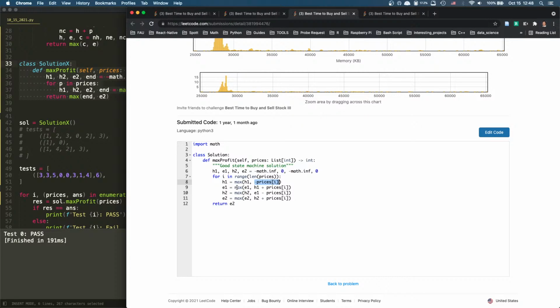And E1, I think that's the end state. H1 sell to E1, okay, and then H2 will be E1 to H2, and E2 is the end state. E2 equals E2 and H2 plus. So yeah, that's the same as this, and we return E2. E2 is the very end state.